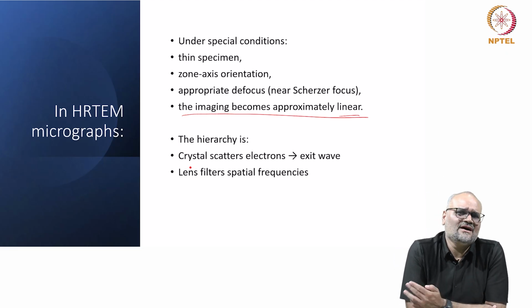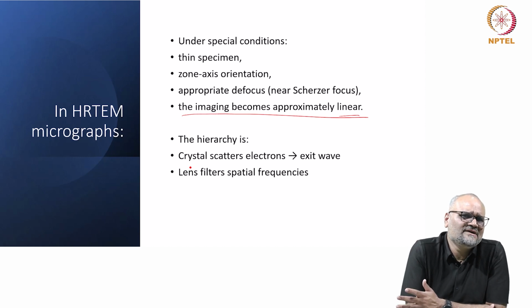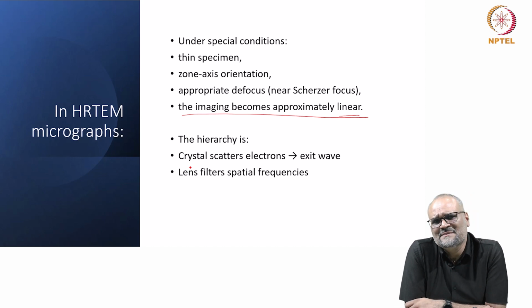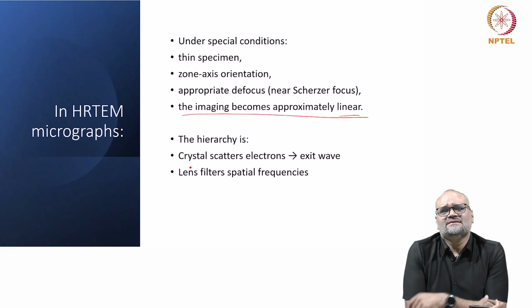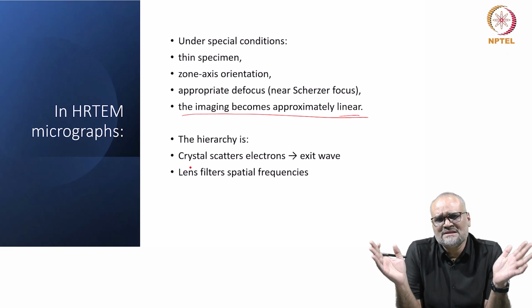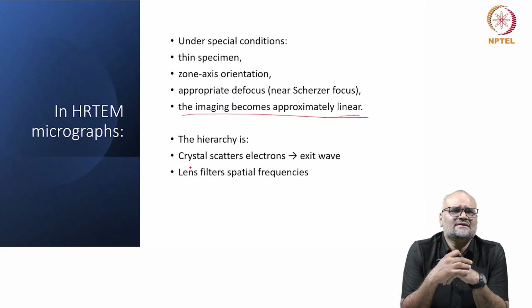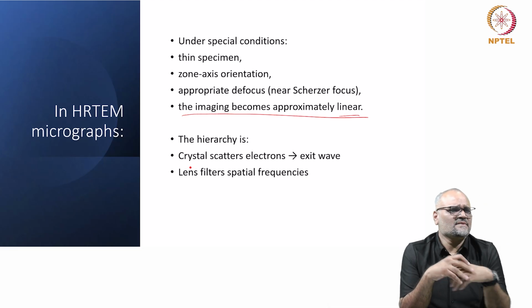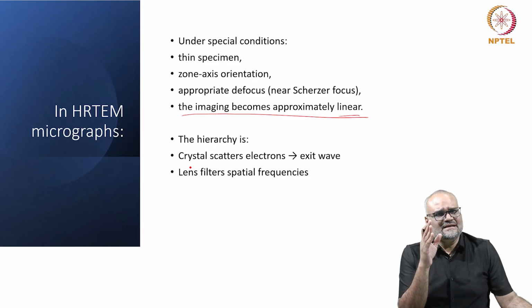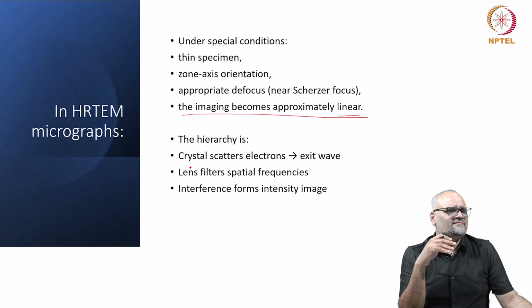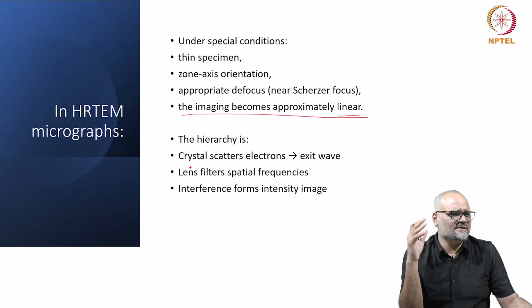So we saw the band pass filters, how the high pass and the low pass filters work, and how the information on the image is changed. So the larger the spatial frequencies the lens can allow, the better your image resolution is, and the interference from this actually forms the intensity of the image.